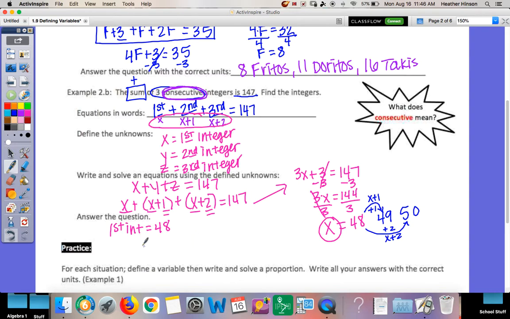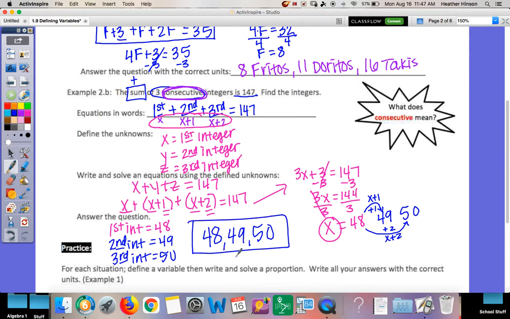So my first integer is 48, my second integer is 49, my third integer is 50. And if you don't want to write it out like that, you can literally just put 48, 49, 50. Those are your 3 consecutive integers. Remember, they have to come right after one another.